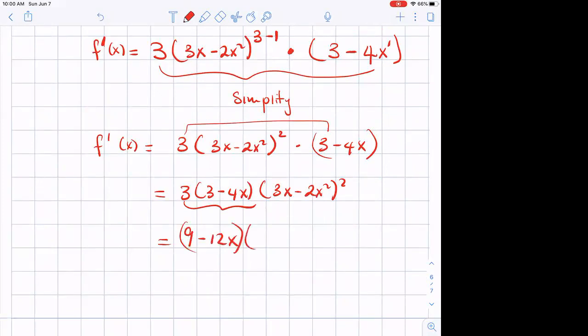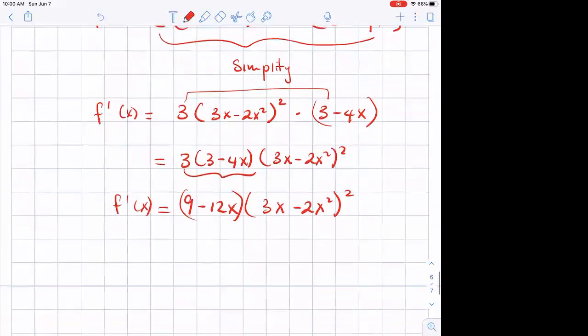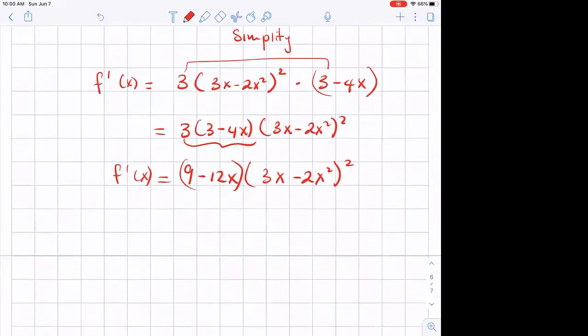And you probably can simplify this even more if you feel like distributing, but I wouldn't. This is f prime of x. So if I ask you what is f double prime of x, then you just take the derivative of this now. That's what the derivative is. You just take the derivative of the derivative. That's the f double prime of x.